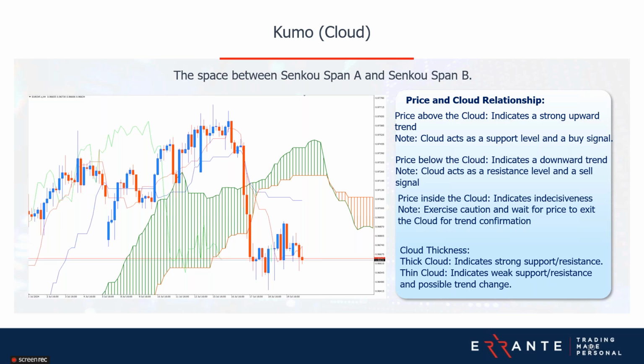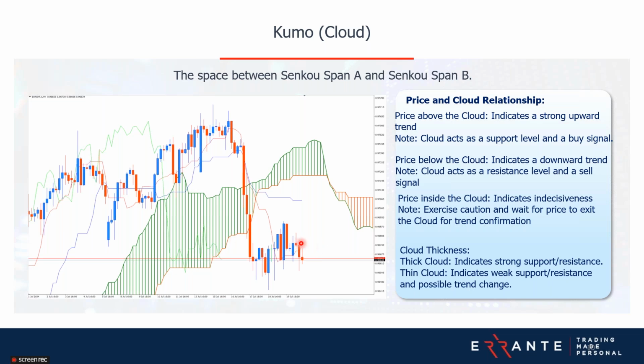And when we have a thin cloud, which indicates a weaker support or resistance level, it usually suggests a higher probability of a trend change. As I mentioned at the beginning, at the start of each new trend we expect a thin cloud. One of the key advantages of the Kumo is that it allows analysts to see the overall market condition and predict future support and resistance levels at a glance.